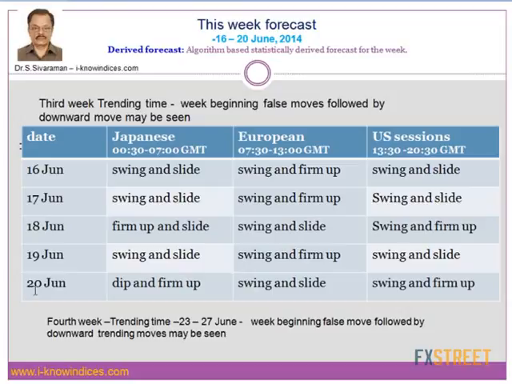Then on the last day, 20th of June, that is Friday, they are expected to swing lower and then firm up towards close to make the week beginning false move on 23rd again on the upside, and then try to make the drop. Then the last day of this month, that is 30th, they are expected to make the swing and slide move.